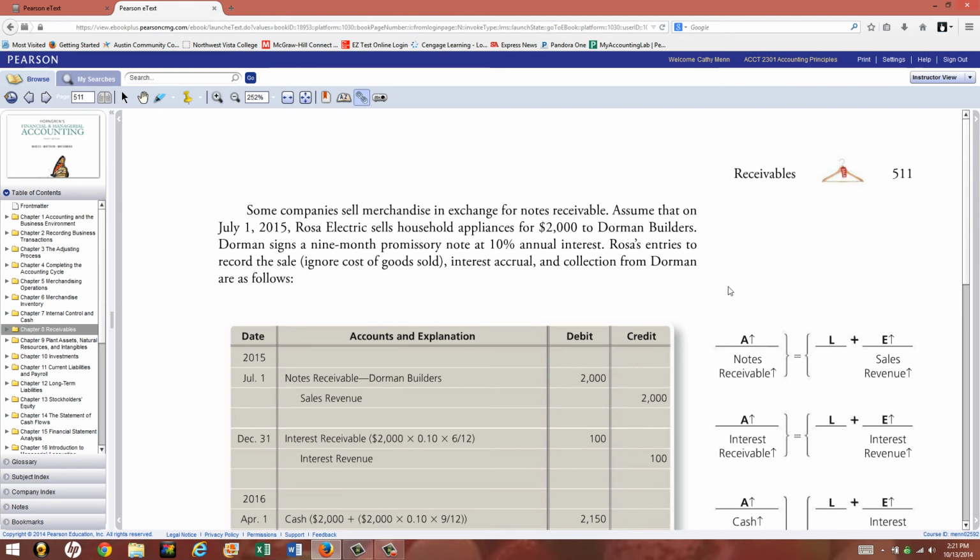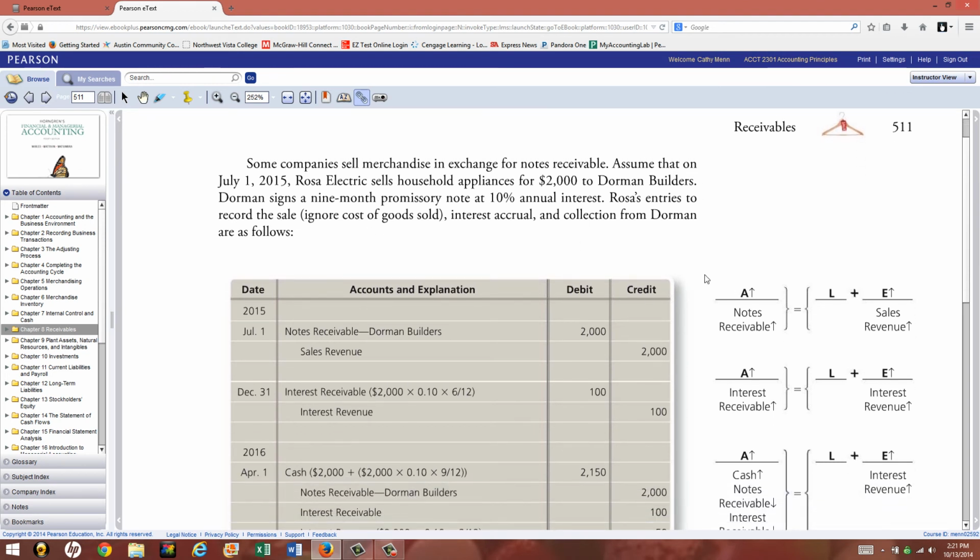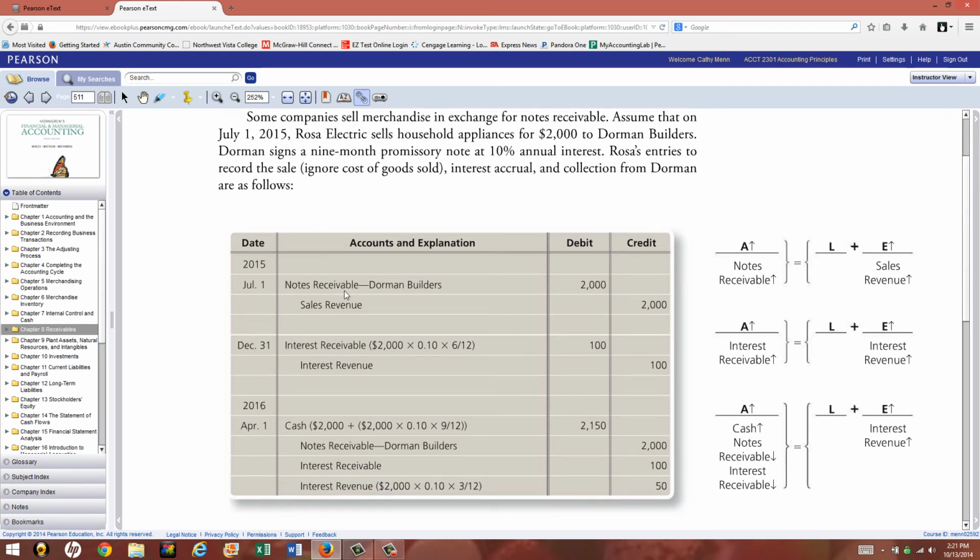And then this is an example of a notes receivable, from a sale. We record this in July the 1st, or sales revenue rather, I'm sorry, on December 31st, and we're accruing the interest. And then once again, we're showing the journal entry when we receive the cash.